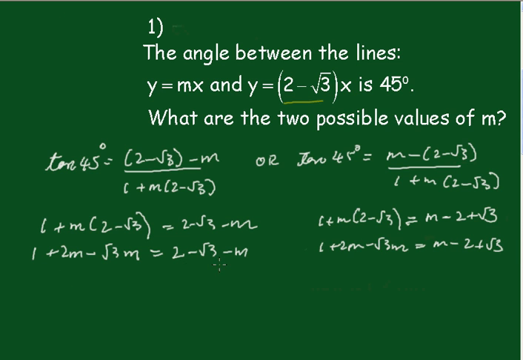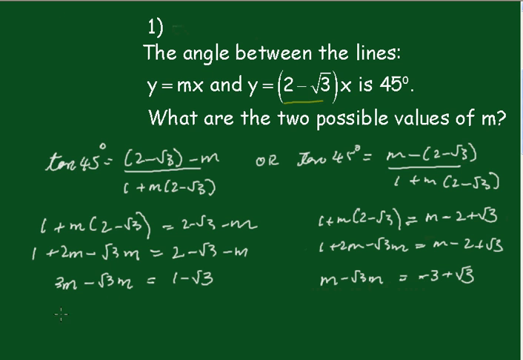Okay, so now getting the m's across, this becomes 3m minus root 3m is equal to, now this one comes across and becomes 1 minus root 3. Now this one, across, becomes m minus root 3m equals, now that'll be minus 3 plus root 3.